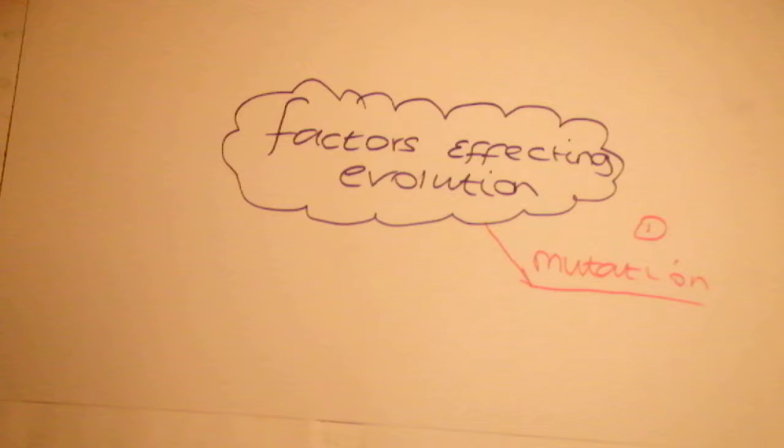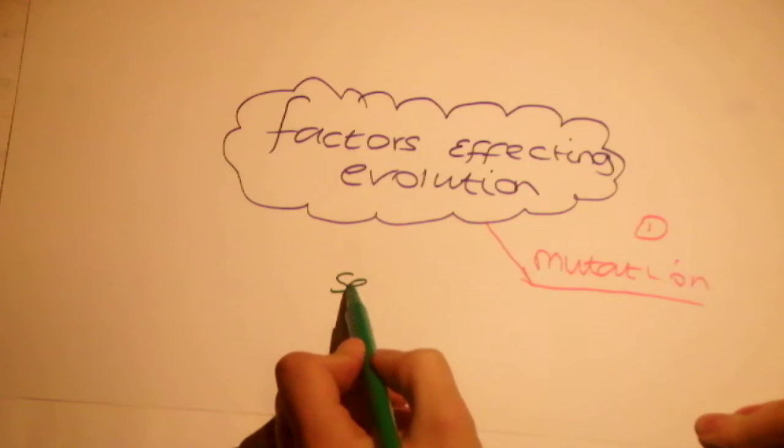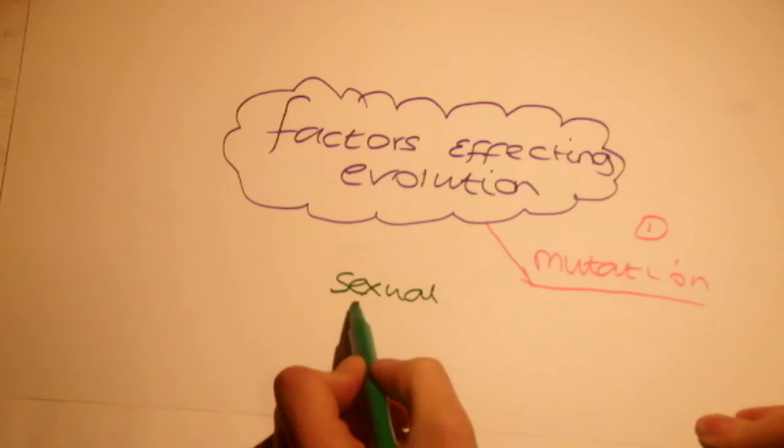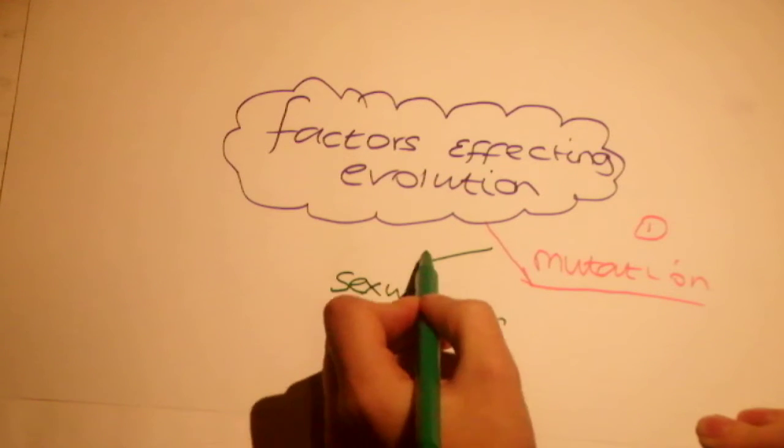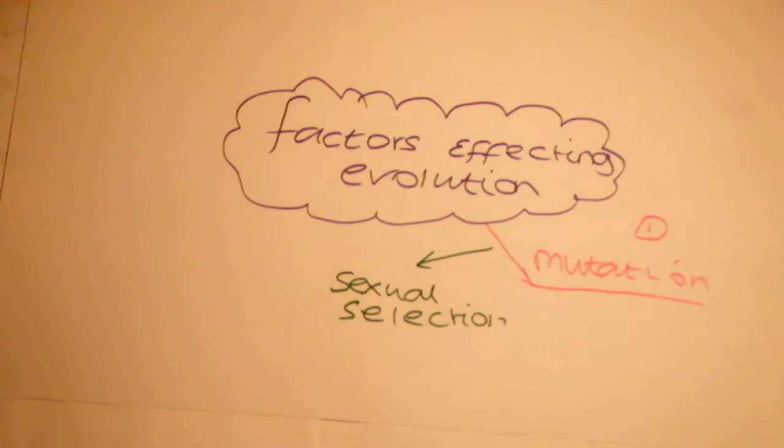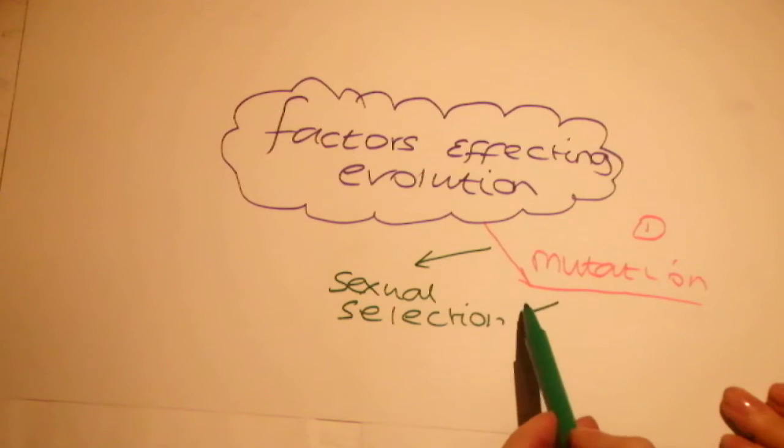Then we get sexual selection. Sexual selection leads to an increase in the frequency of alleles, improving mating success. So these are successful alleles, either from the mutation or not. These lead to the increased frequency of these alleles.